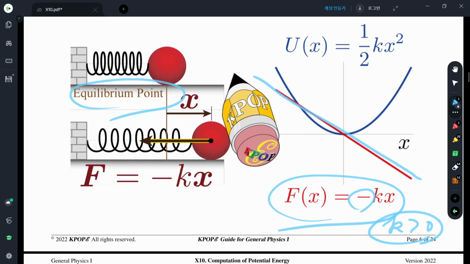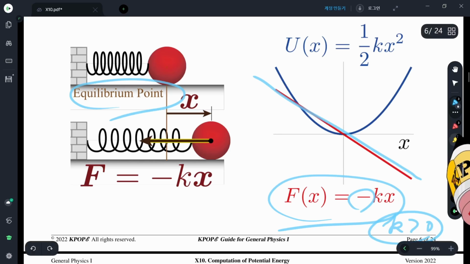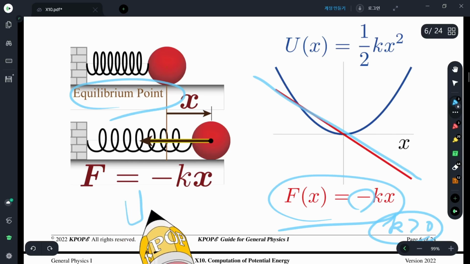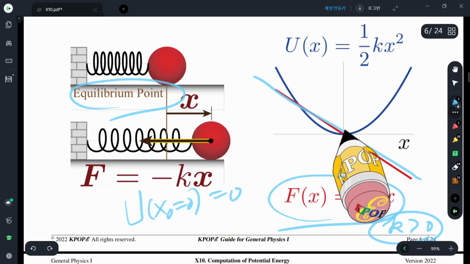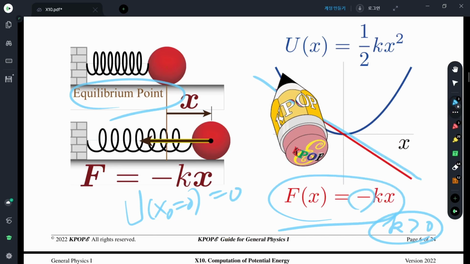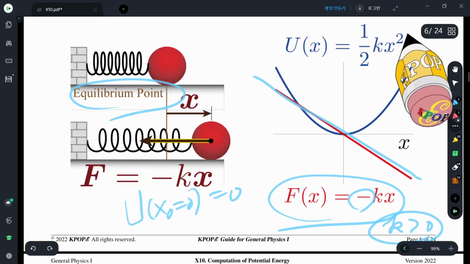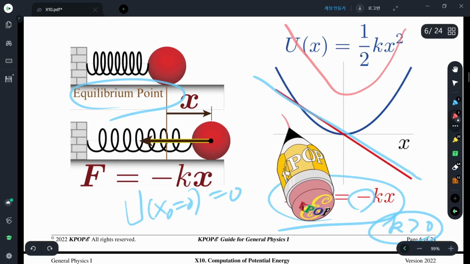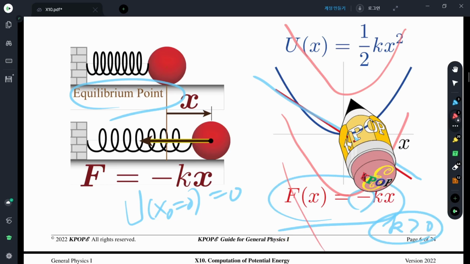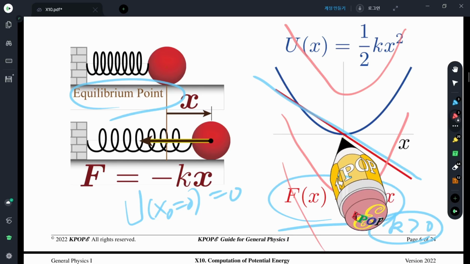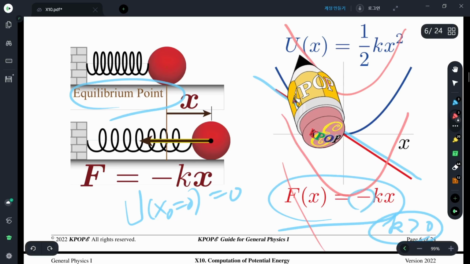And then the potential energy, when we fix u of x0 equals 0, is probably curved. It doesn't have to be this one. We can draw any kind of form. That shift doesn't matter. However, this is the most convenient representation.